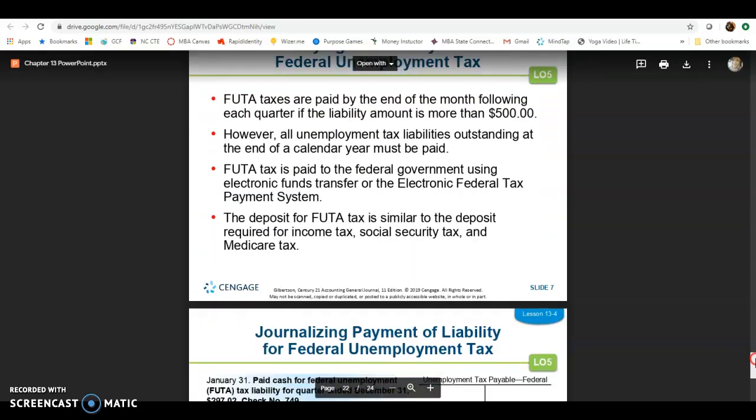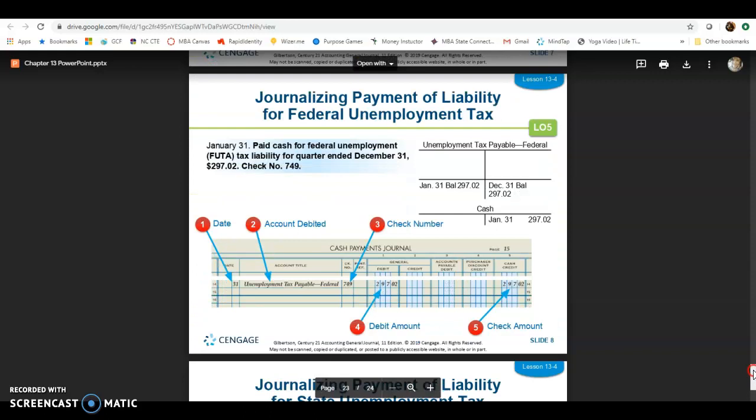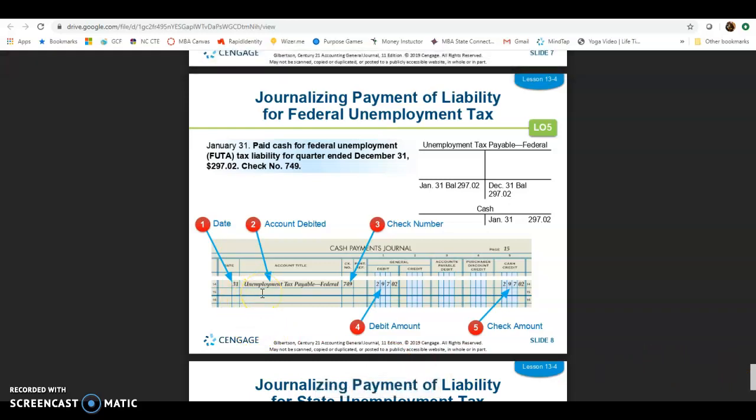All right, and then we talk about our federal unemployment tax. Your federal unemployment tax would be due, and this is where it gets a little confusing, monthly. So the last day of the month, you're going to be paying your unemployment tax for the payroll incurred that month. And it will go in the cash payments journal too, and it's going to be a separate check from state unemployment tax for obvious reasons.